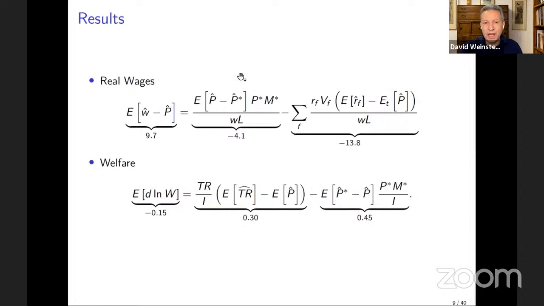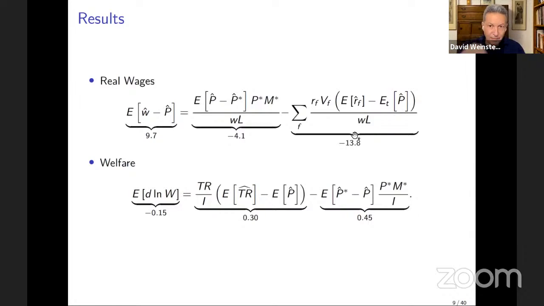So the trade war raised relative import prices. And that effect alone would have tended to cause real wages in the US economy to fall by 4.1%, because firms are now having to pay more for imports.